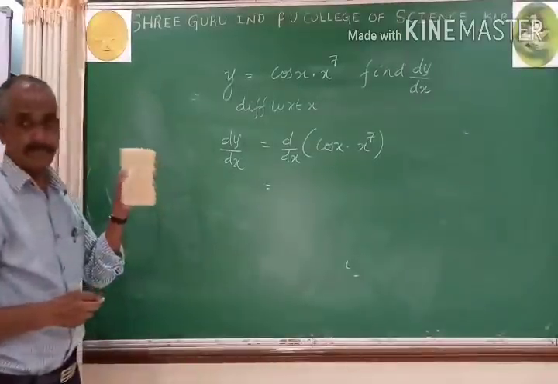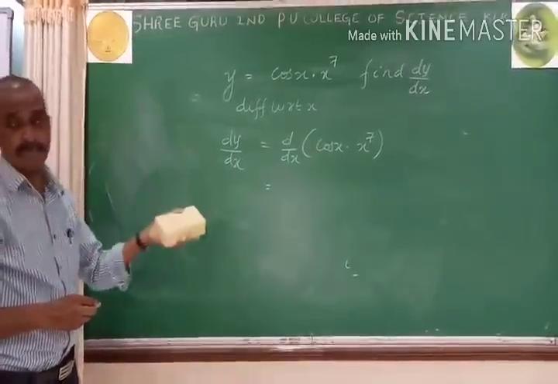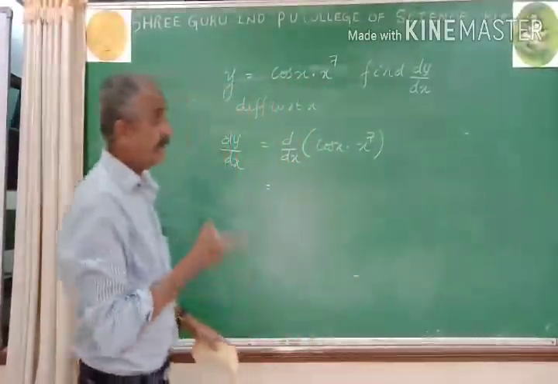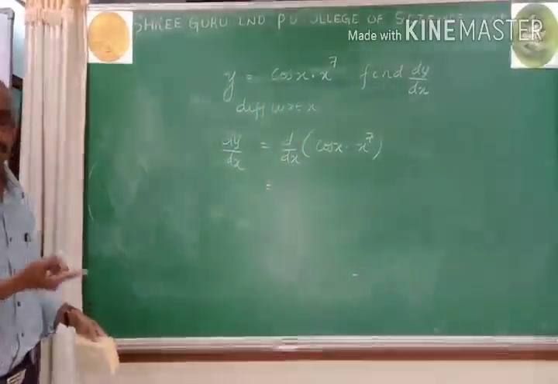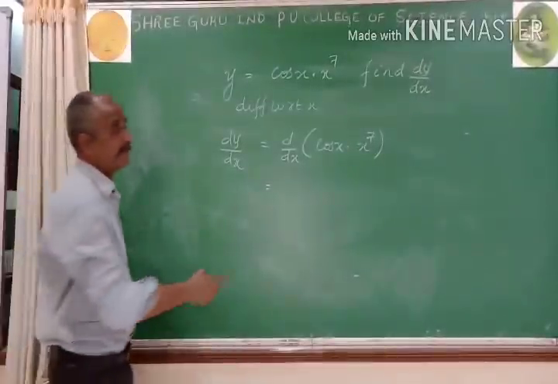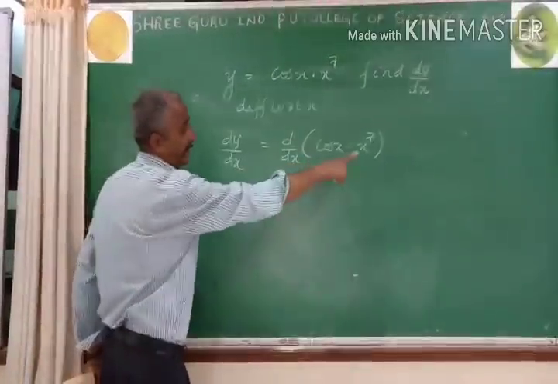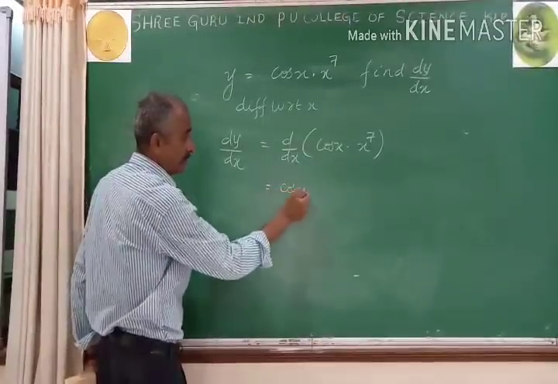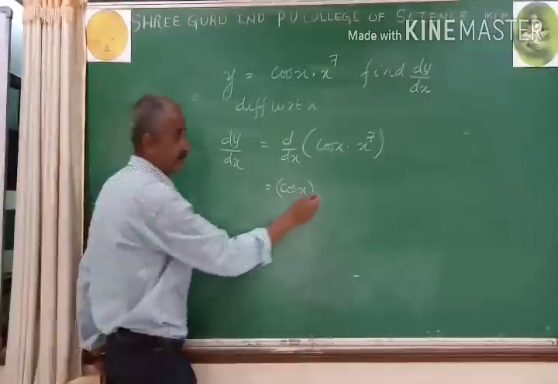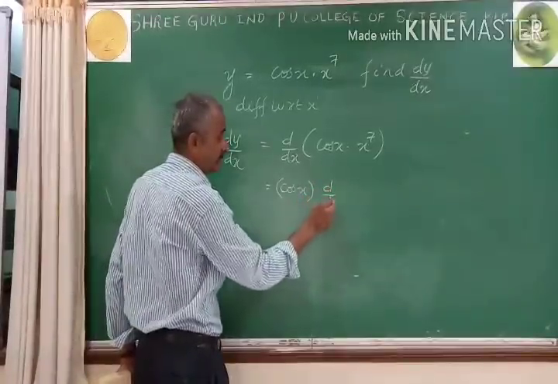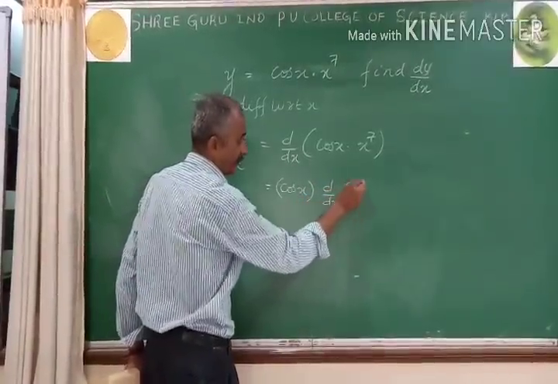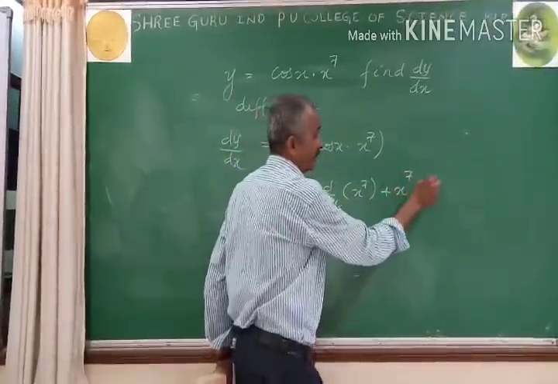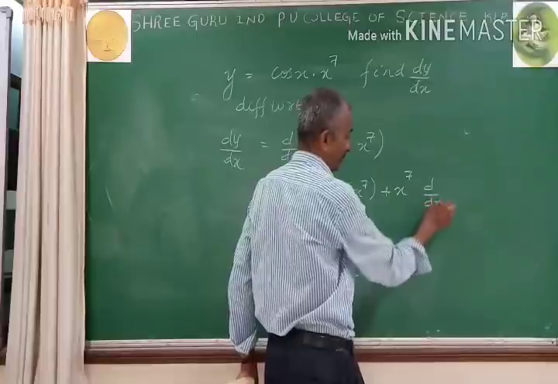What it says: first function into differentiation of second plus second function into differentiation of first. You can treat anything as first, anything as second, that is immaterial. So let's treat cos x as the first function, x power 7 as the second function. According to that, first function cos x as it is into derivative of x to the power of 7 plus second function x to the power 7 as it is multiplied by the derivative of cos x.